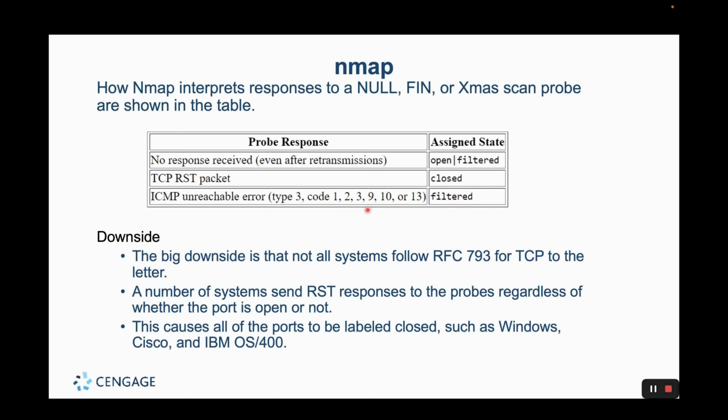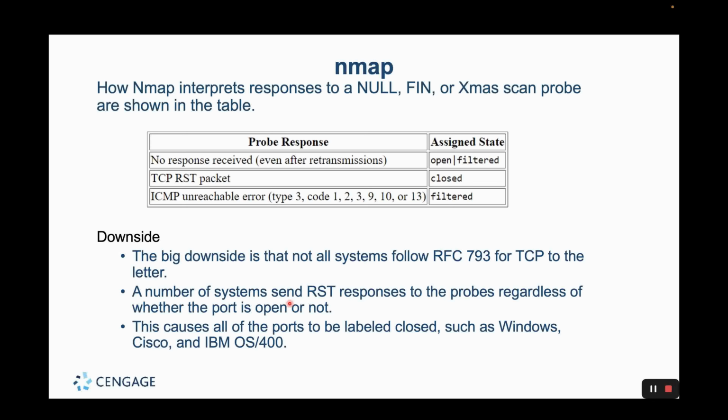So what is the downside of this? The big downside is that not all systems follow RFC 793, which is basically the Transmission Control Protocol, DARPA Internet Program Protocol specification for TCP, to the letter.